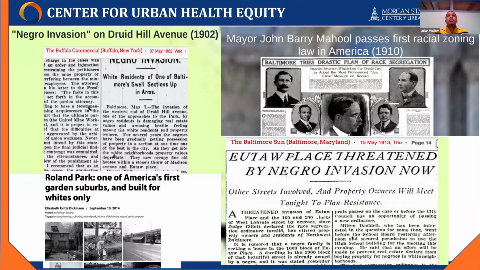And then coming to 1910, I don't know if you know this, but under the mayor of Baltimore at the time, John Barry Mahool, Baltimore was the first city to pass a racial zoning law in America. If you look to the bottom left, sorry to jump around, Roland Park was one of America's first garden suburbs and built for whites only.